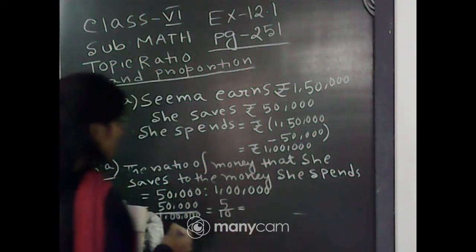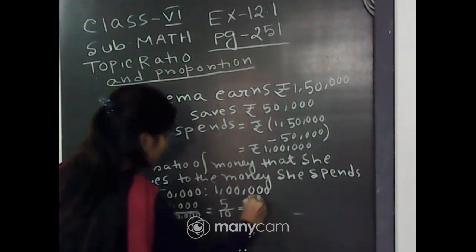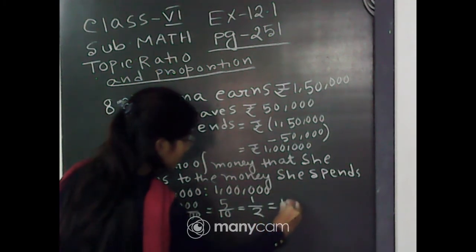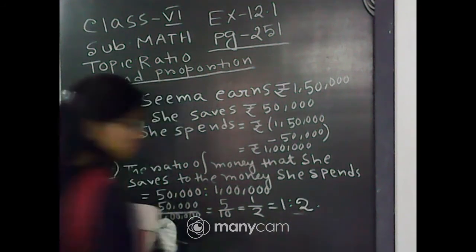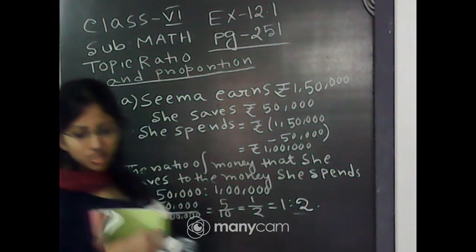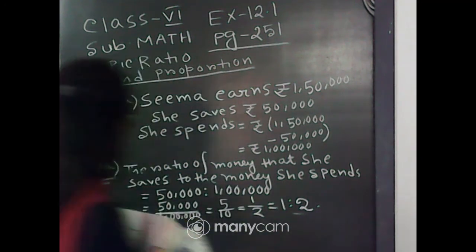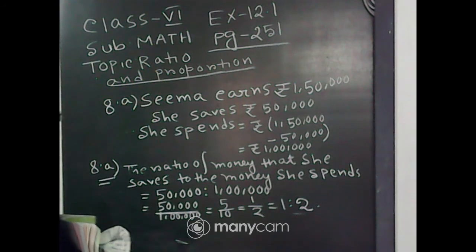Again we divide both the numerator and the denominator by 5 and we get the required ratio is 1:2. Therefore, the ratio of money that she saves to the money she spends is equal to 50,000 is to 1 lakh.